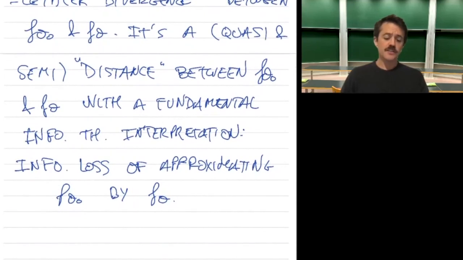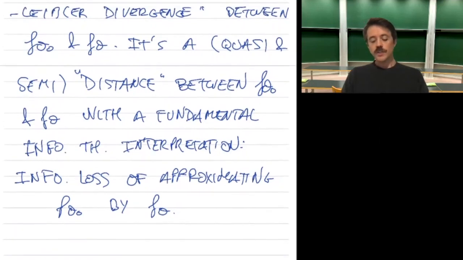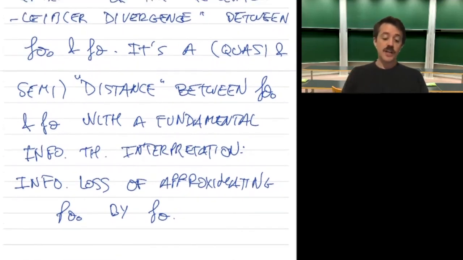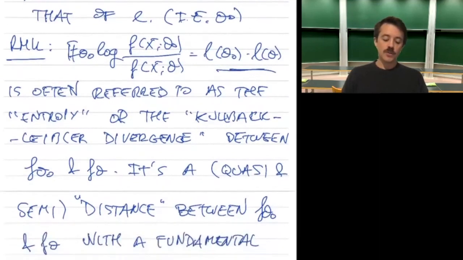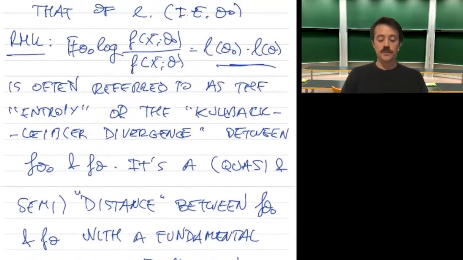So what does that mean in terms of the MLE? If we think about this normalized log likelihood as simply an approximation to this ln, and we look at the difference between these two, the approximation would be to the normalized log likelihood evaluated at the MLE, for instance, because we were arguing that the MLE will be close to theta naught under some regularity assumptions.